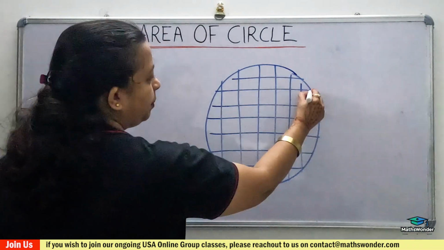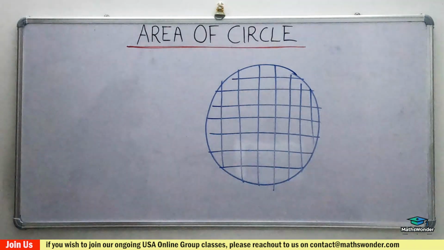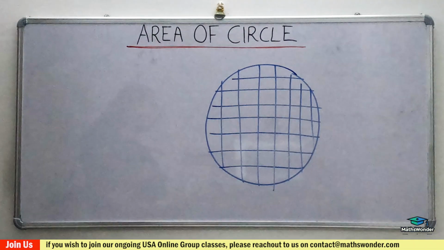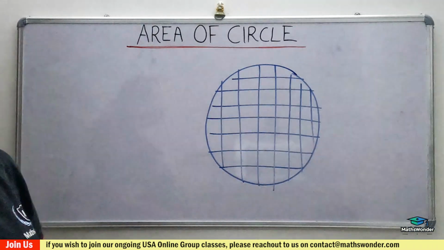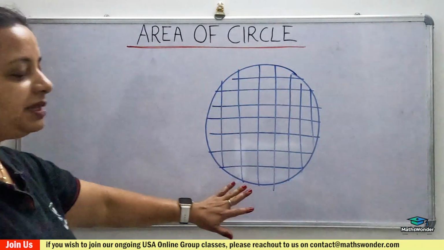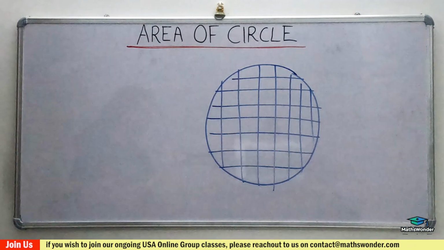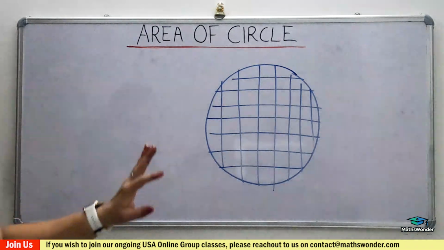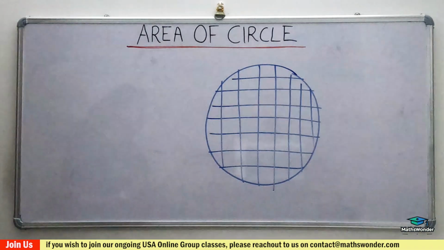Can you find the proper area with the help of graph paper? Suppose this is a graph paper and we need to find the area of this circle, and the radius is 4 centimeter.